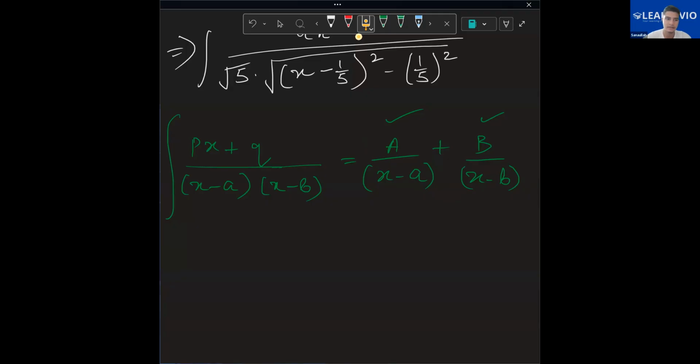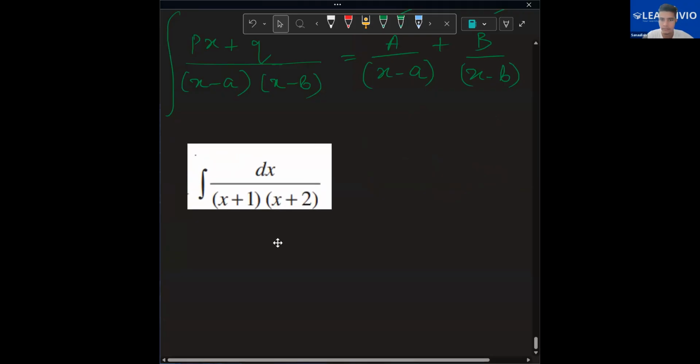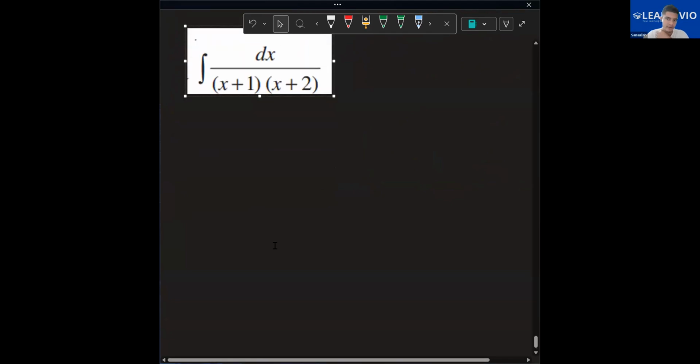So this is a method, and see, इस पे क्वेश्चन कर सकते हैं क्या? Okay, so I'm solving a question quickly on this. Okay, so this is my fraction.